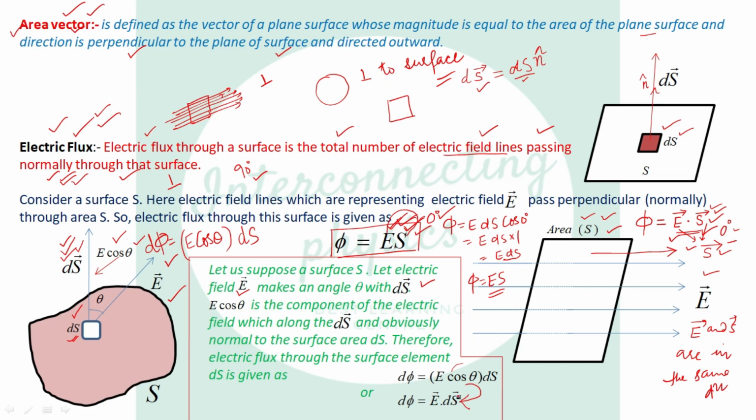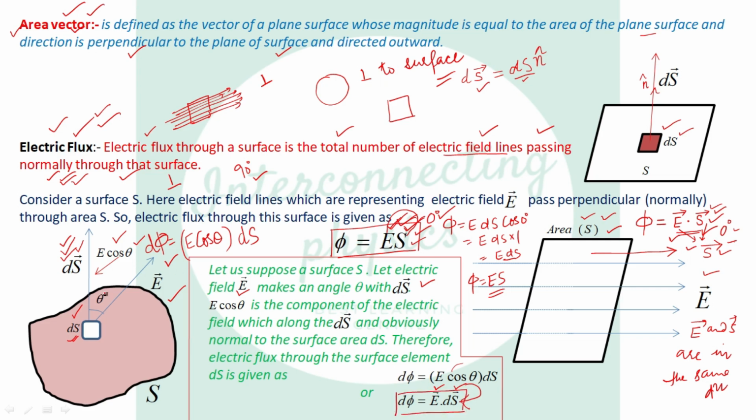That's why it is written as Es here, because we have already assumed that E and S are in the same direction, but the main formula is E dot ds, the dot product of the electric field and the area vector. Now this is the small electric flux.